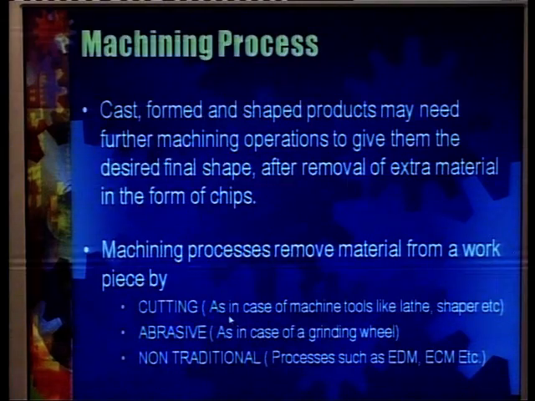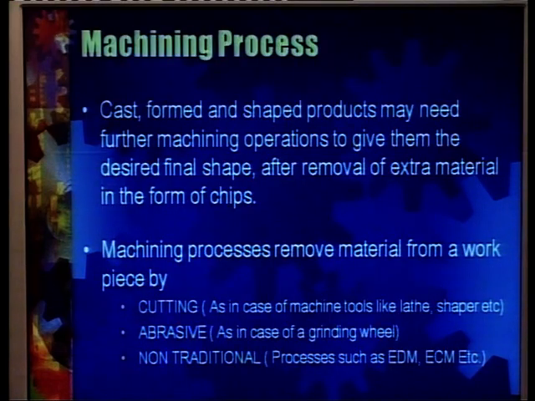Here the extra metal is removed in the form of small chips, and in some machining processes such as grinding, we use a grinding wheel whereby the metal is removed in the form of very small chips, and the process can be called abrasive.